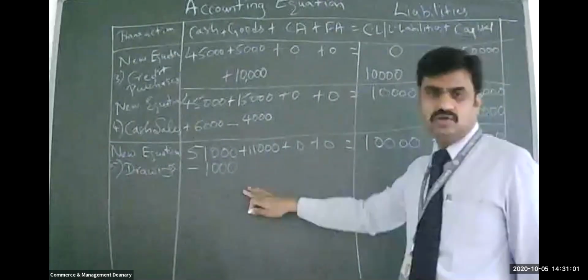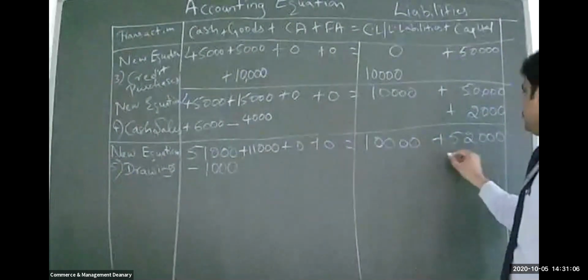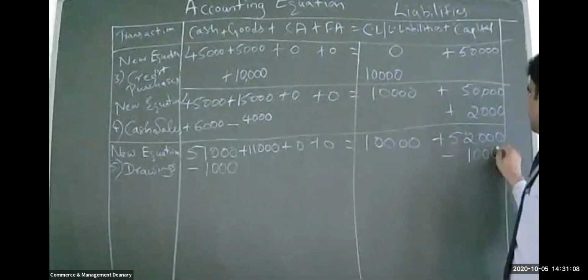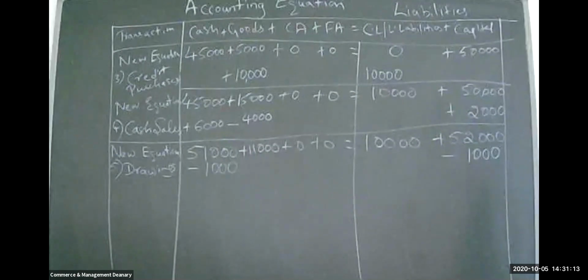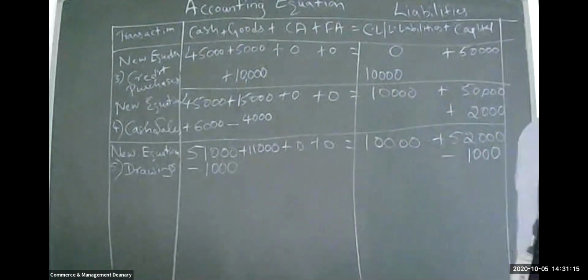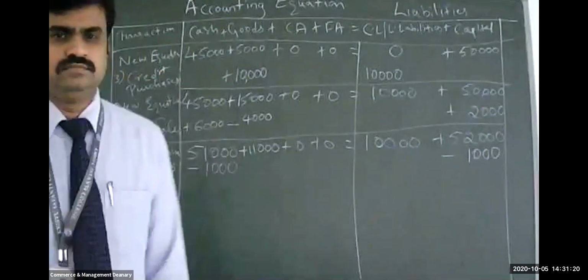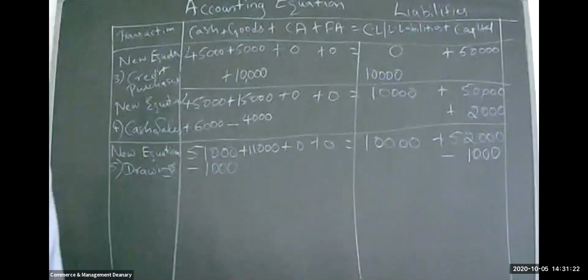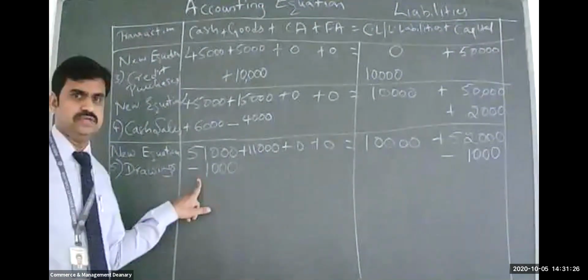So minus 1,000. Next, since the owner is using it for personal purposes, you have to minus 1,000 from capital. Did you understand, students? Any doubt? No doubt. So whenever there is a cash drawing, you minus from cash and then minus from capital.